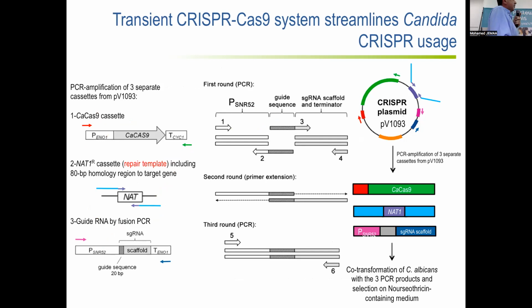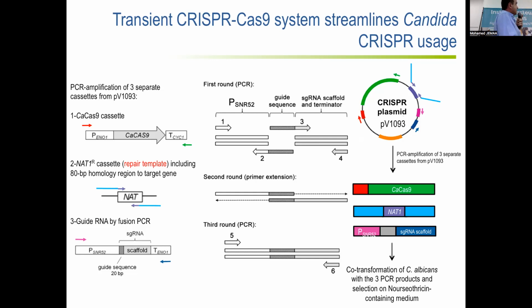So this is a tail that does not hybridize to any sequence of the plasmid. But this primer here and primers 1 and 2 would amplify the promoter. You get a tail that carries the 20 base pair sequence. This is the reverse complement of the tail of primer number 3 that would amplify the remaining part of the guide RNA cassette.